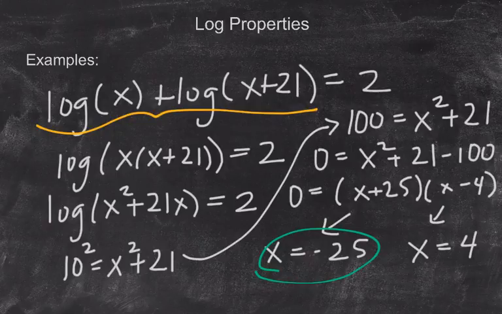That has to do with the fact that it's the inverse of an exponential function, which doesn't have outputs that are less than 0. So x equals negative 25 is an extraneous solution, and x equals 4 is the only actual solution that we would find if we did this problem graphically.